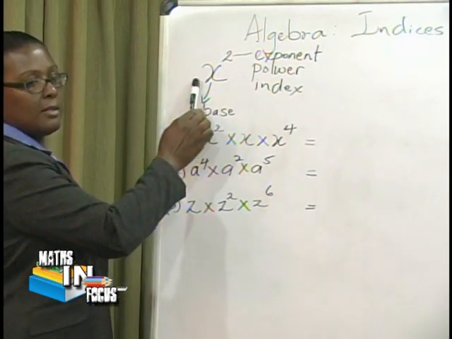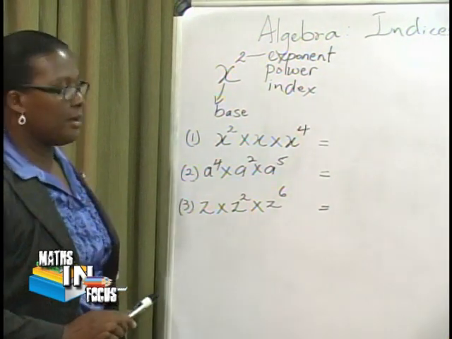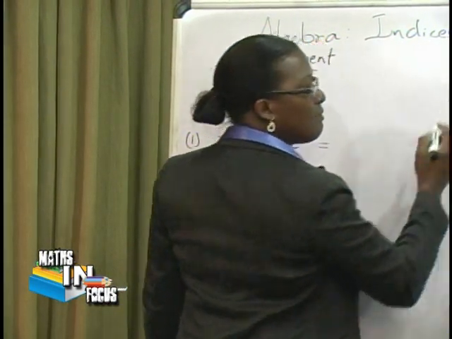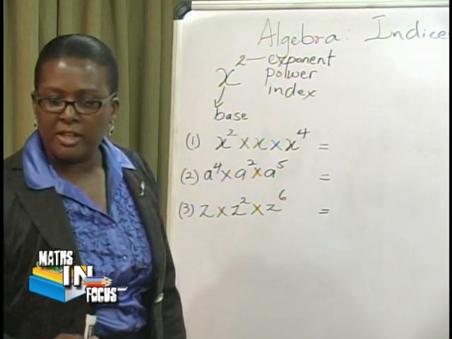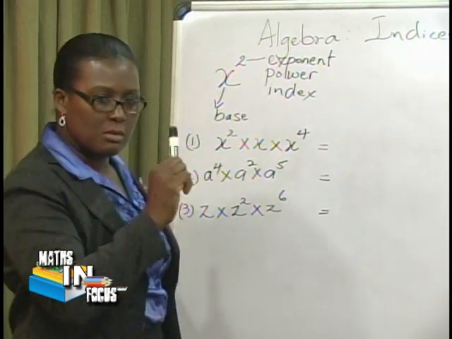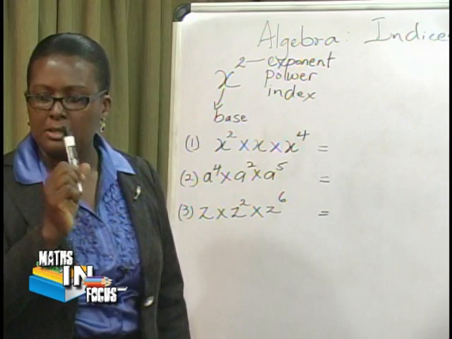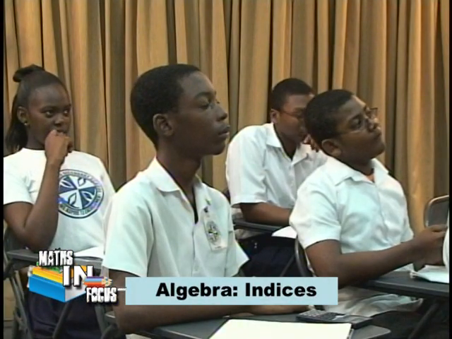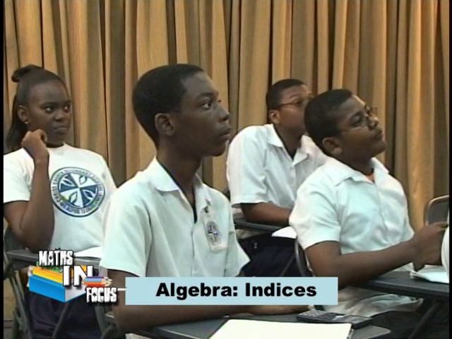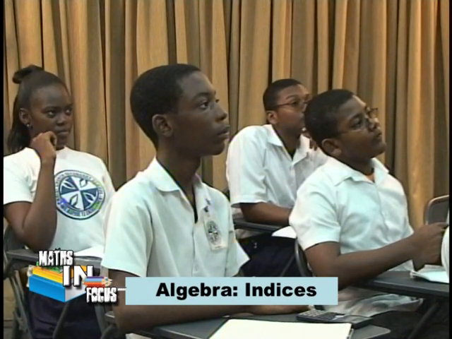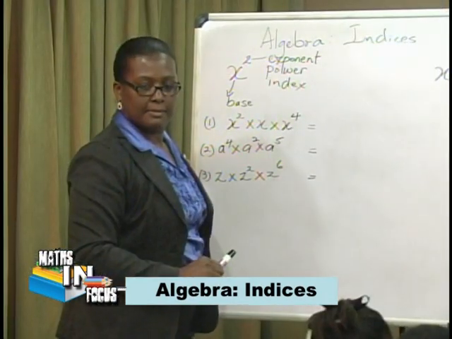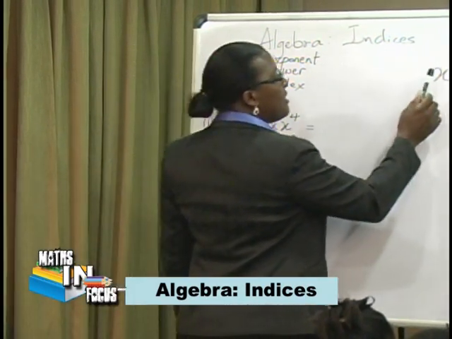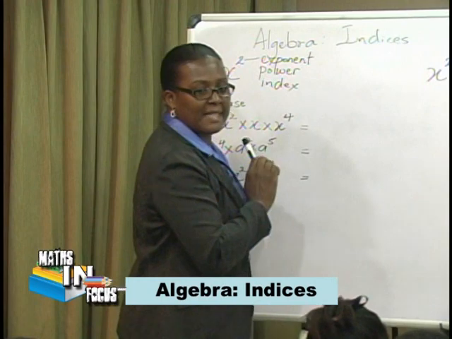Now let us go back to this original term that we have. X squared. What does the little 2 tell us? It gives us a message. Every time we look at the 2, it tells us something. It tells us how many times the base must be multiplied by itself.